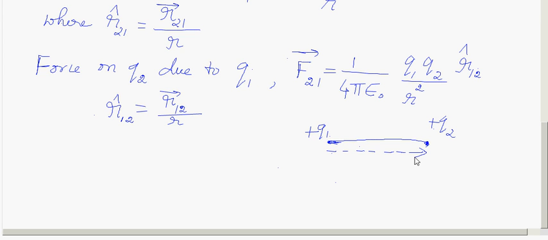Force on 2 due to 1, so distance vector from 1 to 2 is R12. And this force, it's a like charges, so repel each other, and the force is acting along the line joining the two charges. F21 will be acting as shown here.